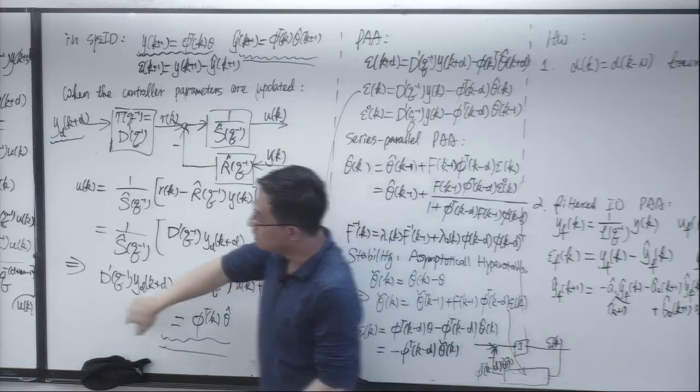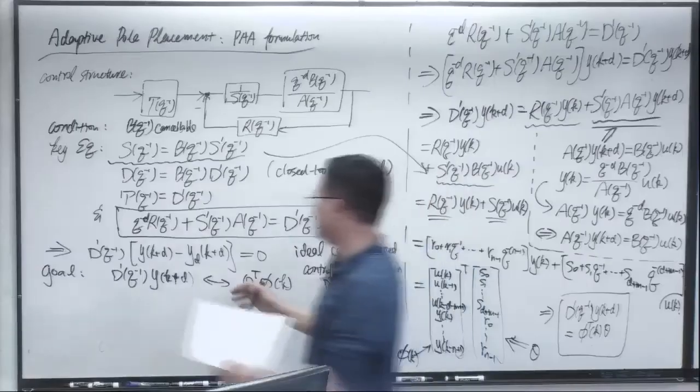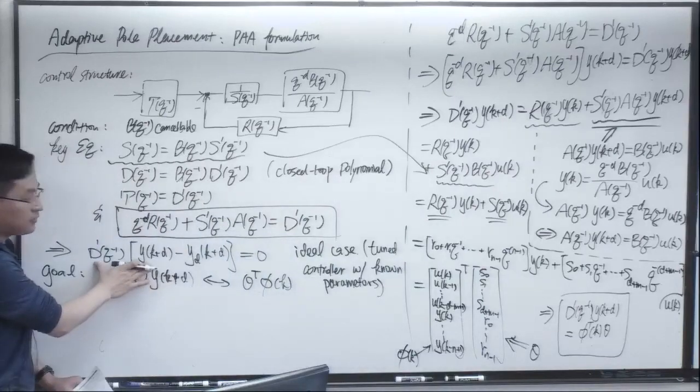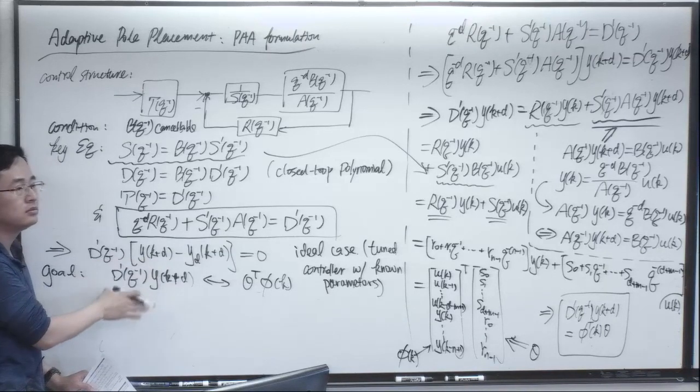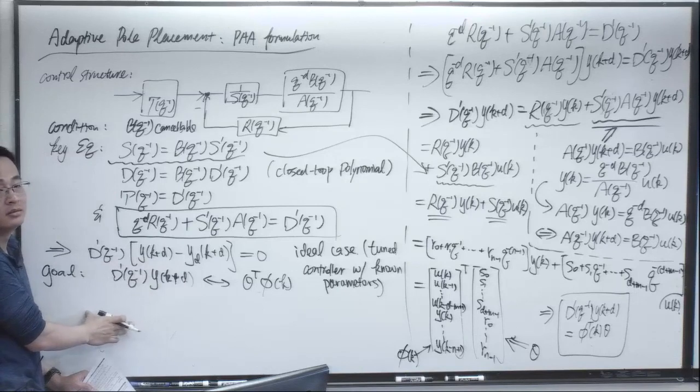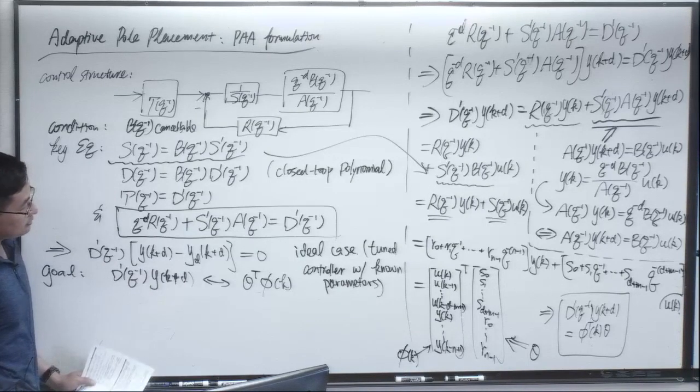All right? So in other words, we can still achieve this, although we don't have perfect parameter convergence. And from time to time, it's acceptable. Okay? So that is the convergence case in here.